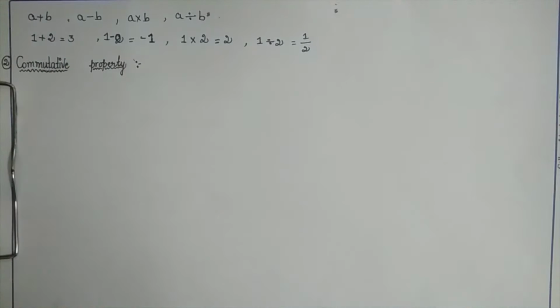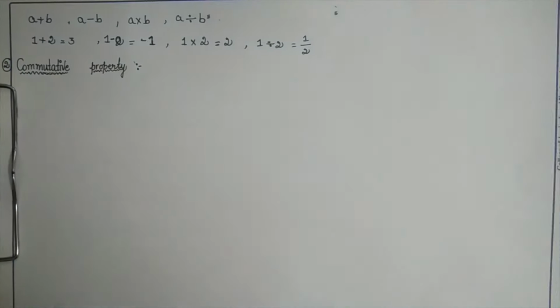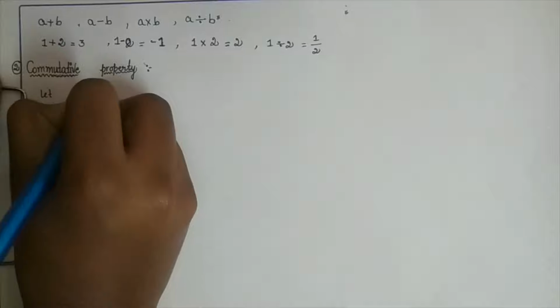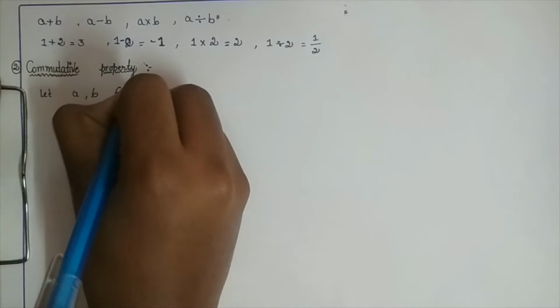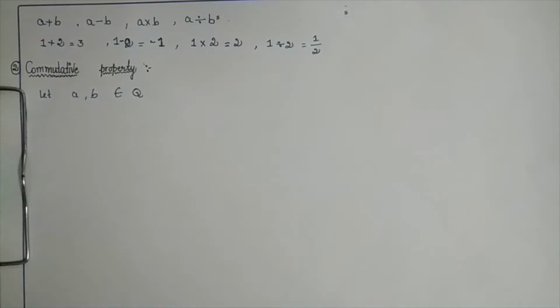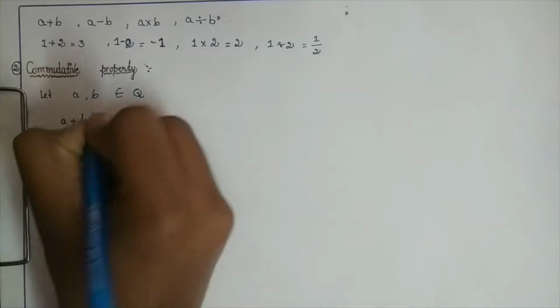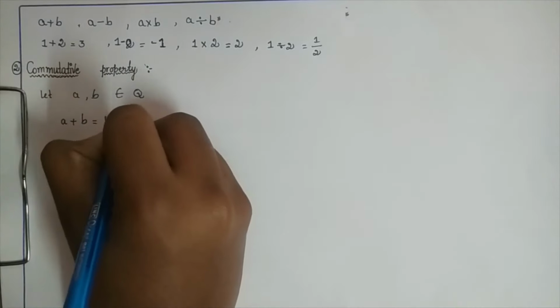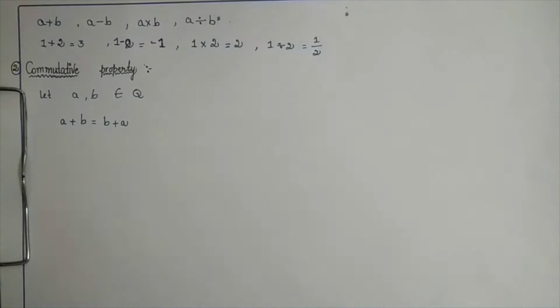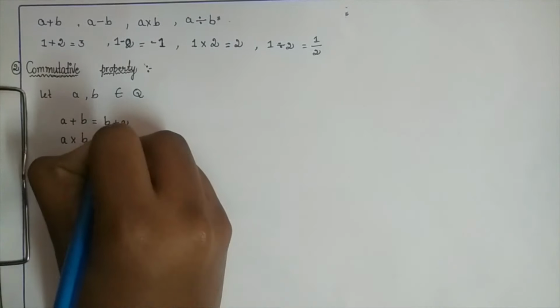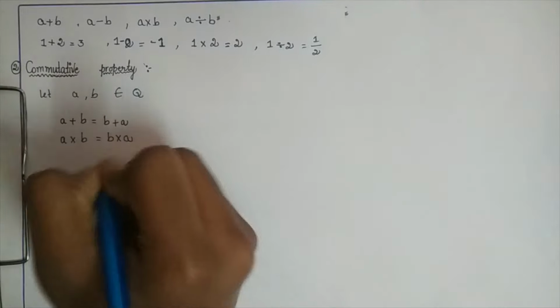Next property, commutative property. Let us take a, b belongs to rational numbers. So under addition, a plus b is equal to b plus a. A into b is equal to b into a.